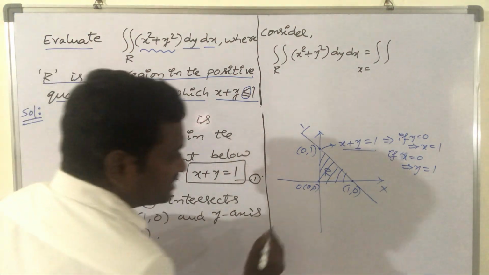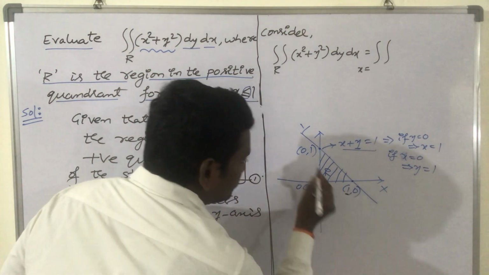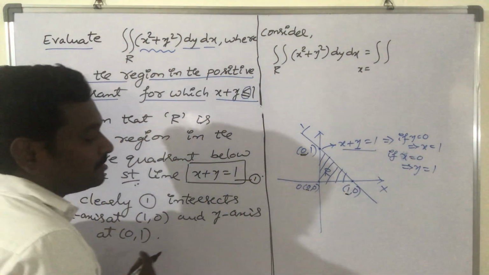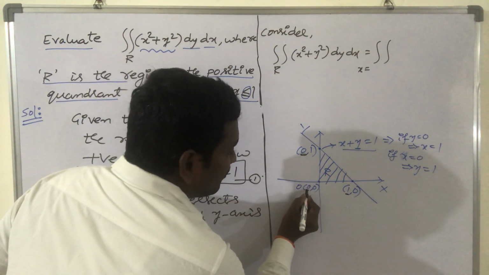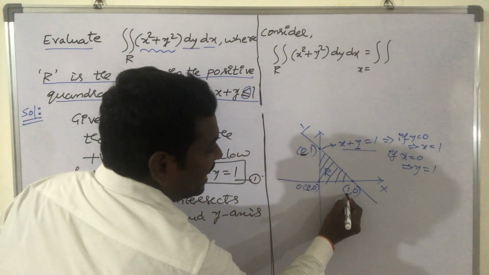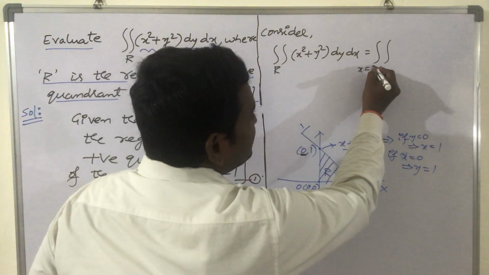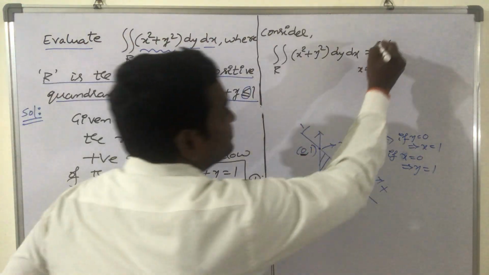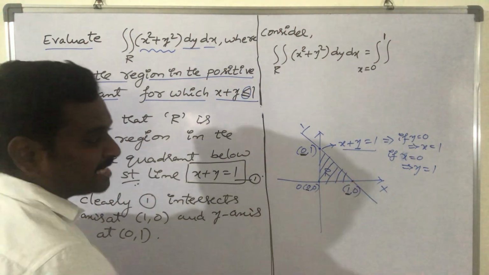What are the x limits? See the x coordinates in the vertices. There are 3 vertices in the region. In all 3 points, the minimum value of x is 0 and the maximum value of x is 1. That's why the lower limit of x is 0 and the upper limit of x is 1. So x varies from 0 to 1 along the x-axis.